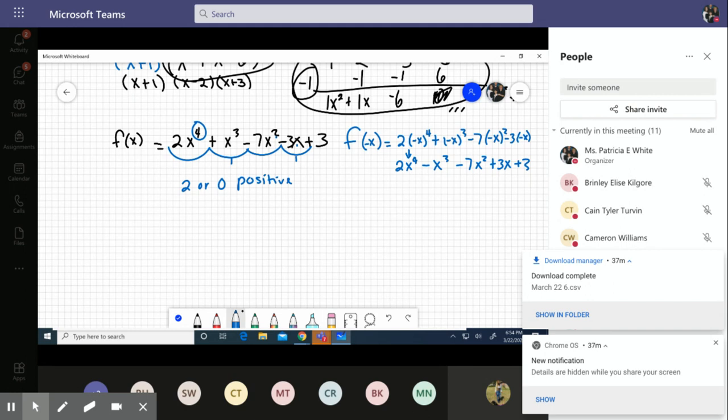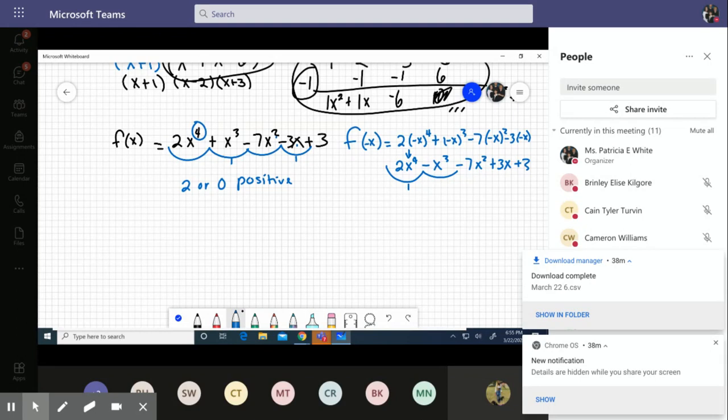How many of them are negative? 2 or 0. Is it always going to be what's left? So if you have 4 maximum possible and the positive ones are 2 or 0, then are the negative ones always going to be what's left? Usually, I'm not going to say every time.